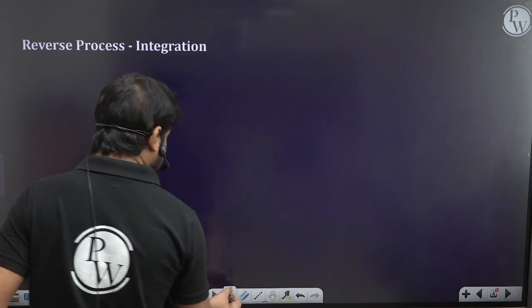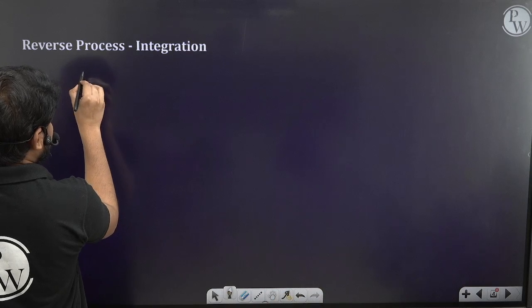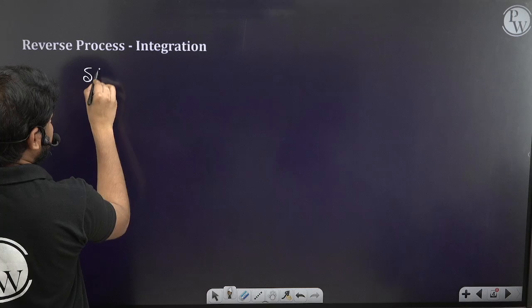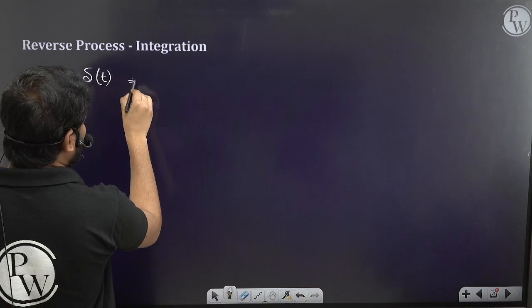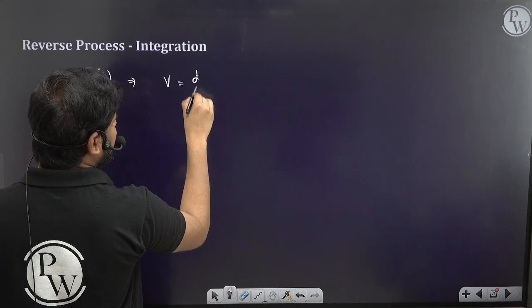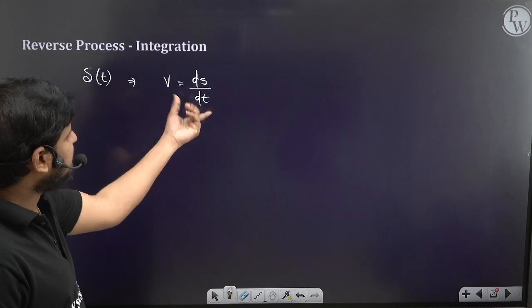Till now, we solved the questions where displacement is given as a function of time. To find the velocity, we did ds by dt, differentiating the displacement with respect to time.